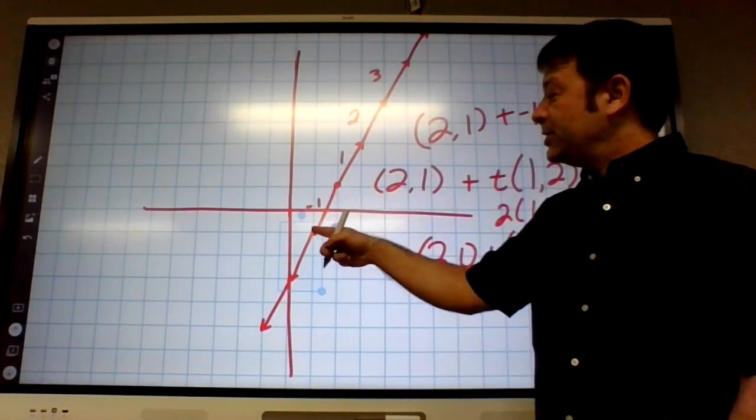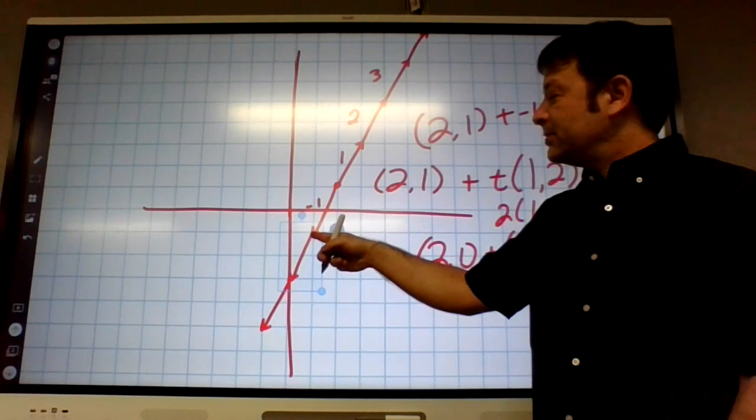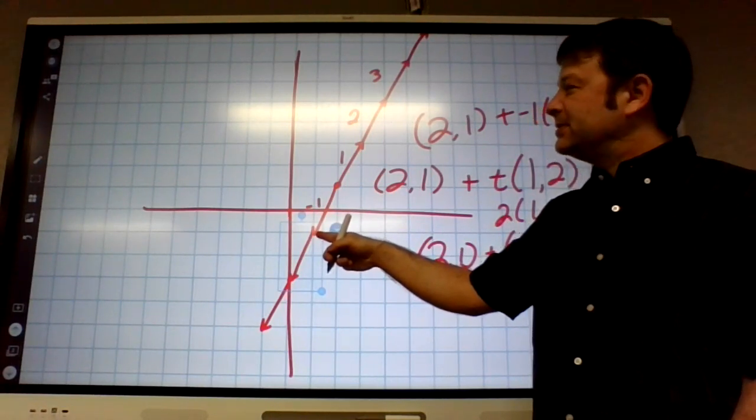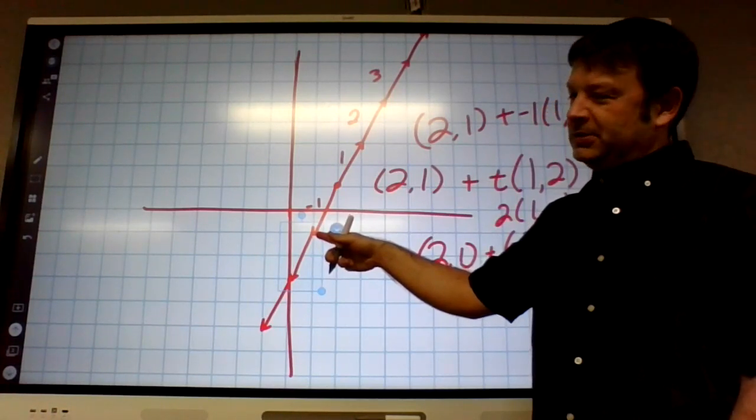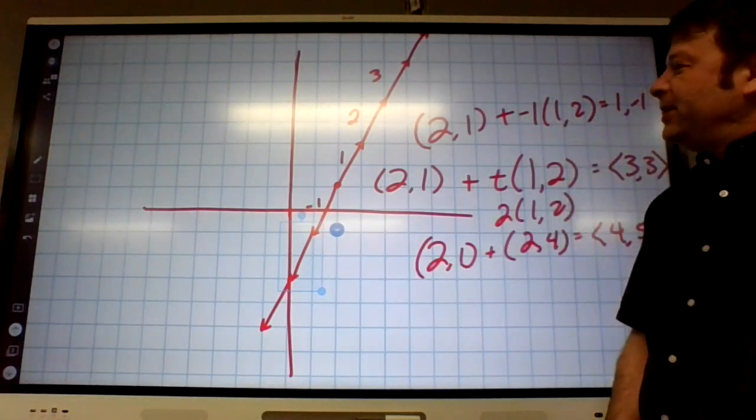So if t is negative 1, you go backwards and it goes right there. Does that make sense? You guys don't understand it? Okay.